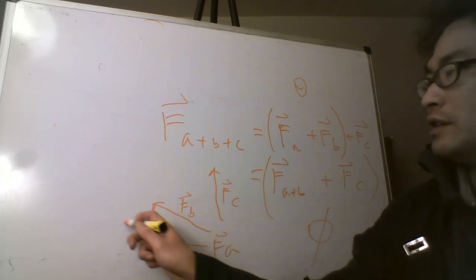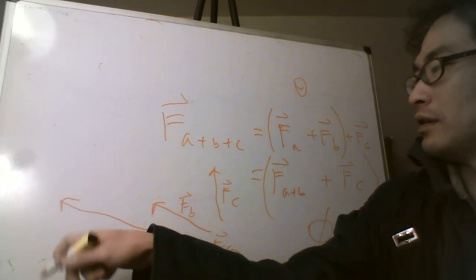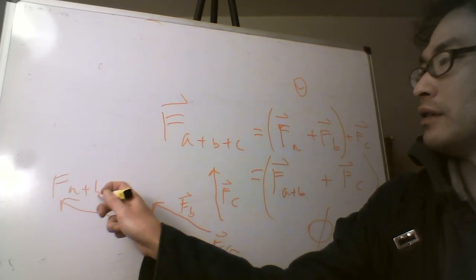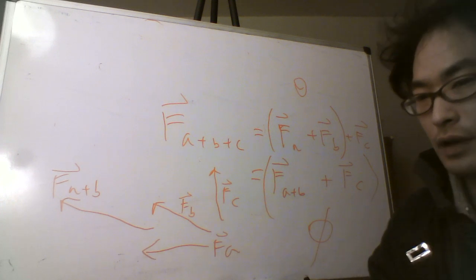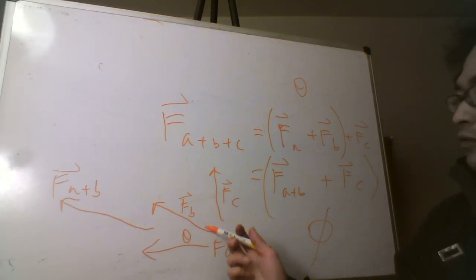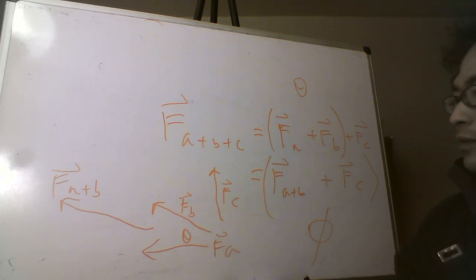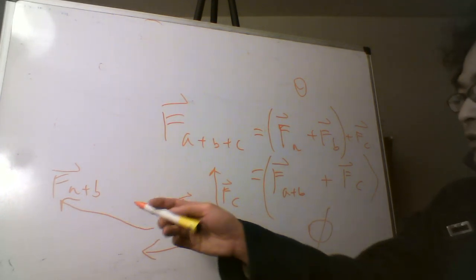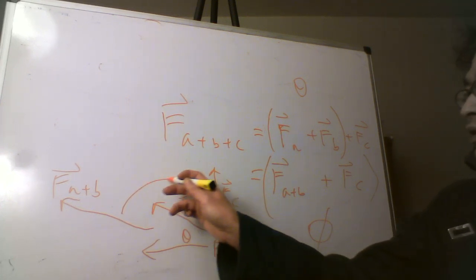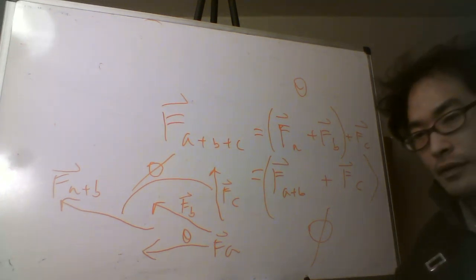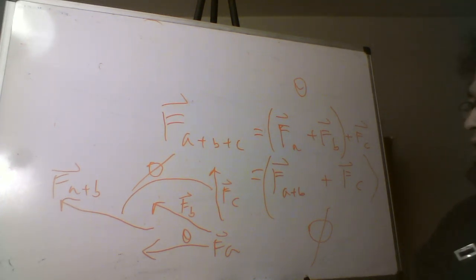Result vector is like this, okay? That's f of a plus b. This was theta from f of a and f of b. Now, f of a plus b, the angle between that and f of c, we call it phi, okay? That's what it is. Alright?